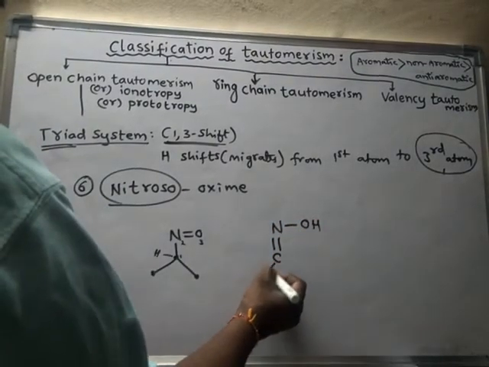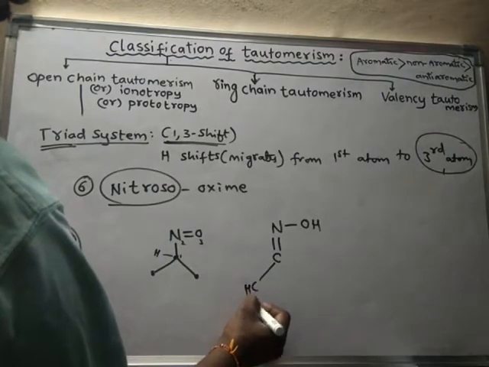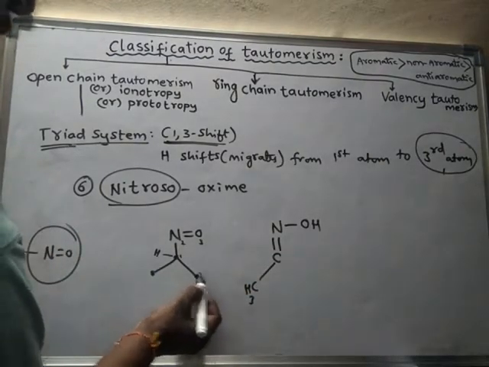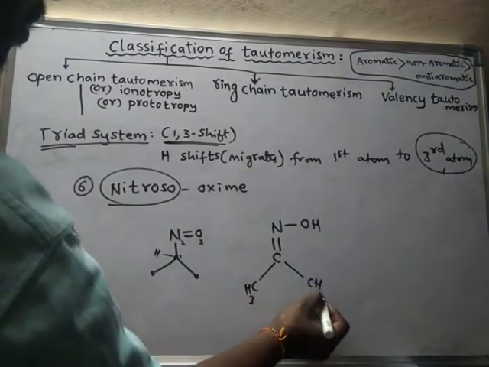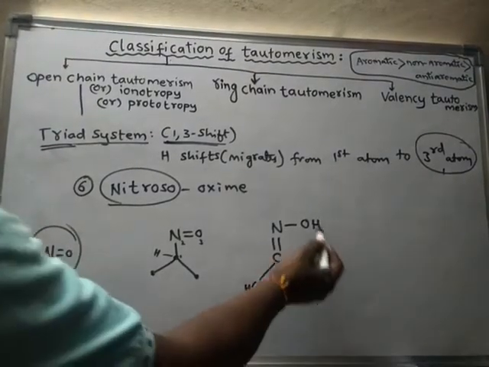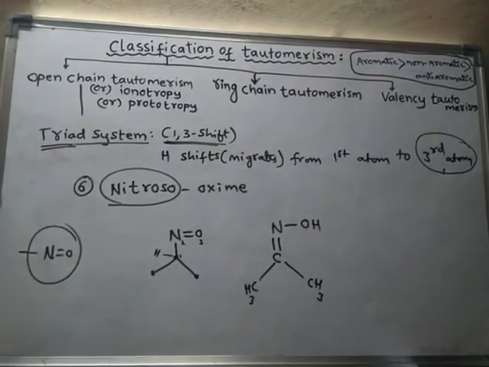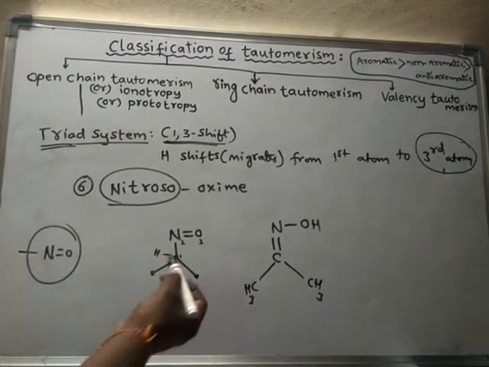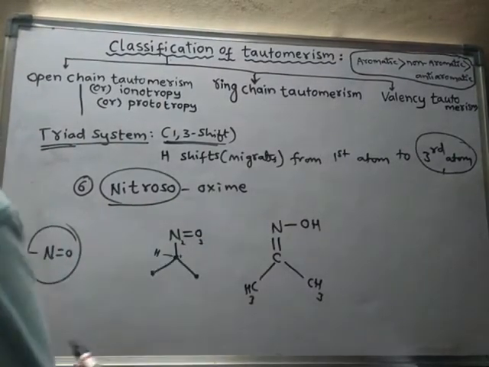This carbon has CH3, this is CH3, this is also CH3. So now this is called an oxime. Here nitroso is converted into oxime.